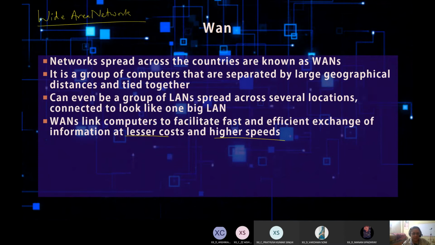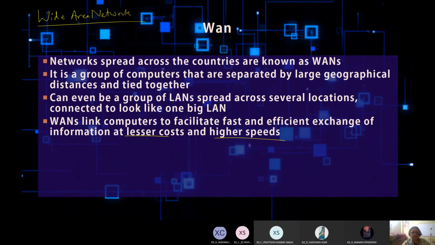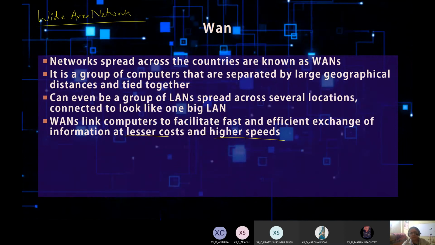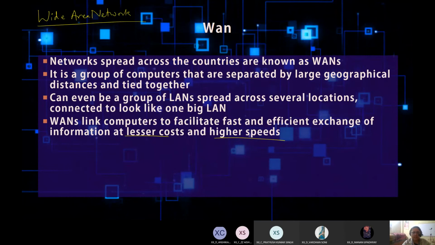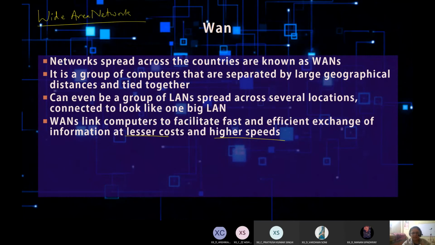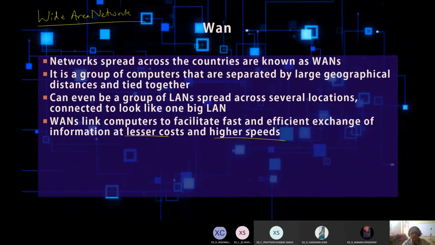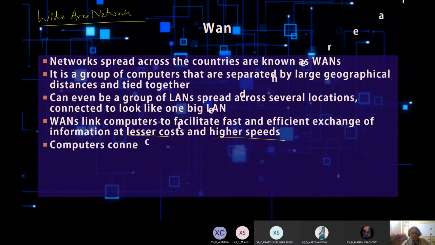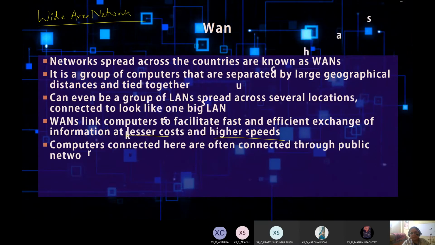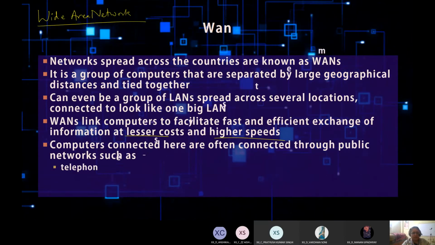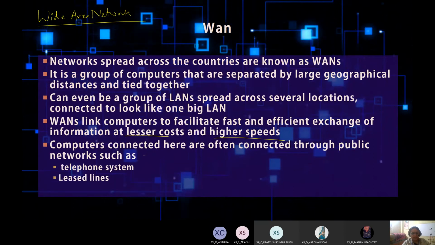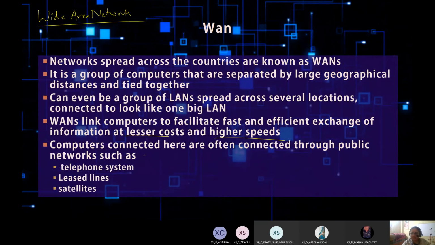So WANs definitely link computers, and different types of computers are linked together so that data exchange, that is information exchange, can be done at higher speeds. Computers connected here are often connected through public networks such as telephone system, leased lines, and satellites.